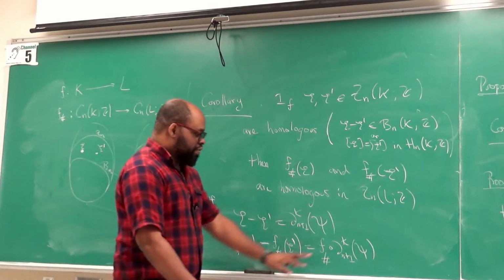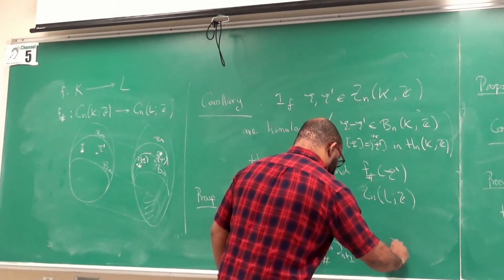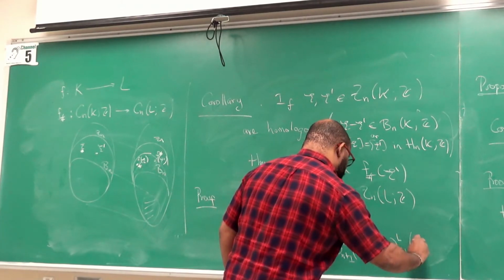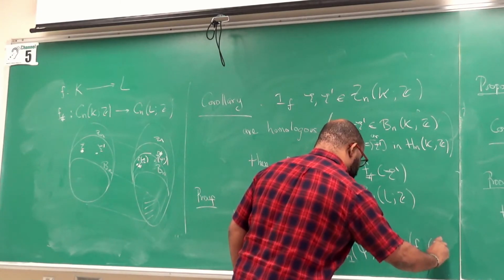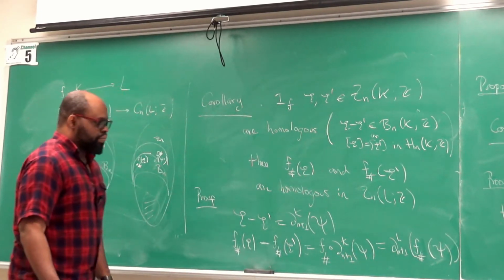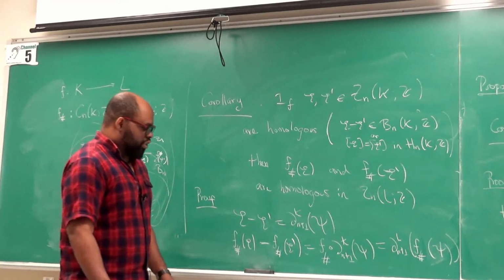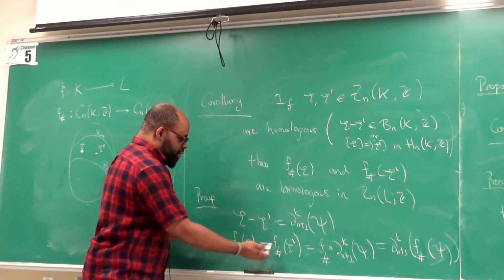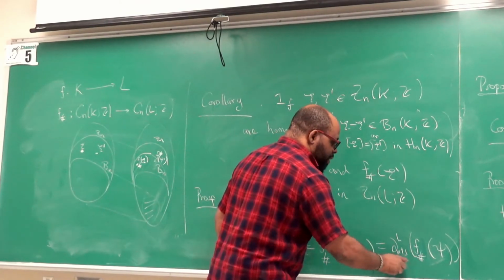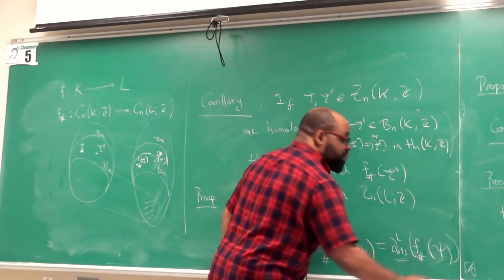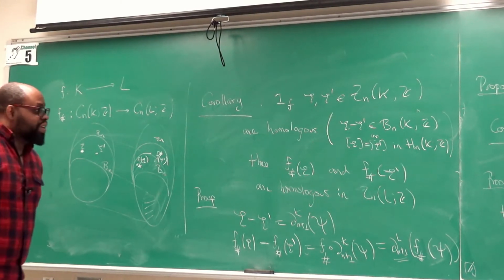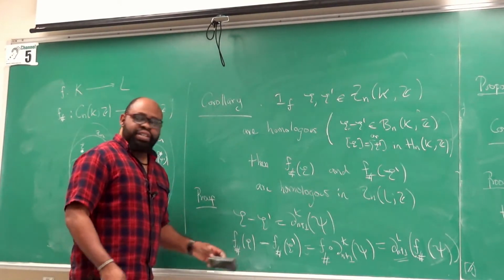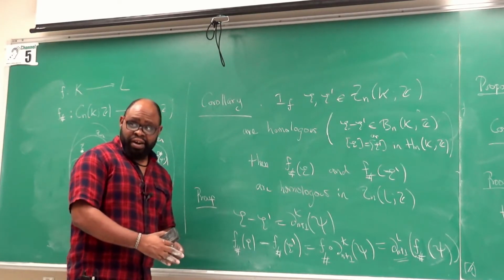But now you can flip these two, and this is delta n plus 1 L of F sharp of psi. Right, so I showed that the sharps also differ by the boundary of something. Okay. So we are done, even though it doesn't appear that we are.